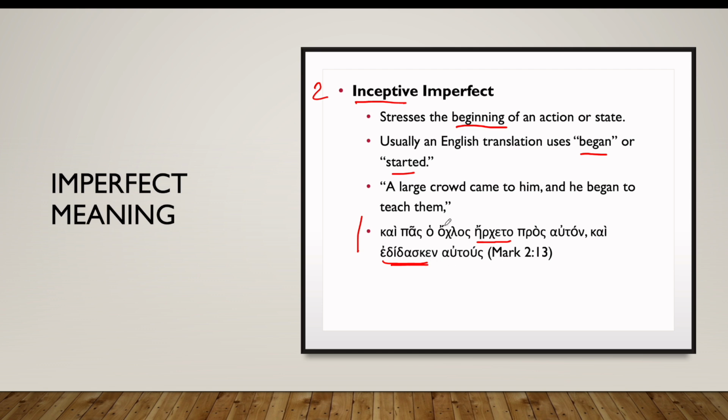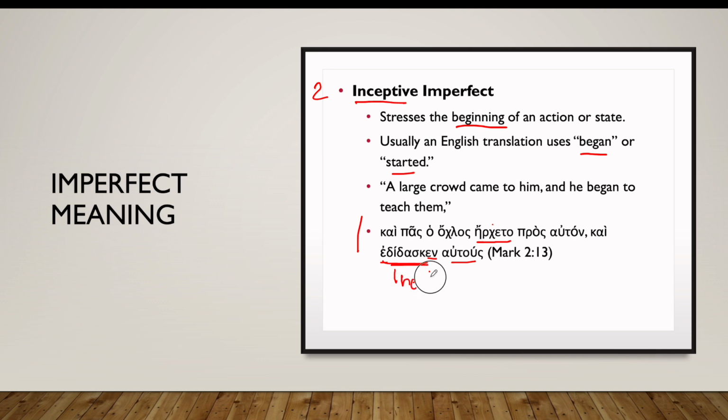And a large crowd, this is the subject, came, this is the verb, to him, and this is the verb for teaching, didasko, and it's in the imperfect, okay? You can see by the ending and the augment in front. And this is a personal pronoun meaning them. So the crowd came to Jesus, and what did Jesus do?